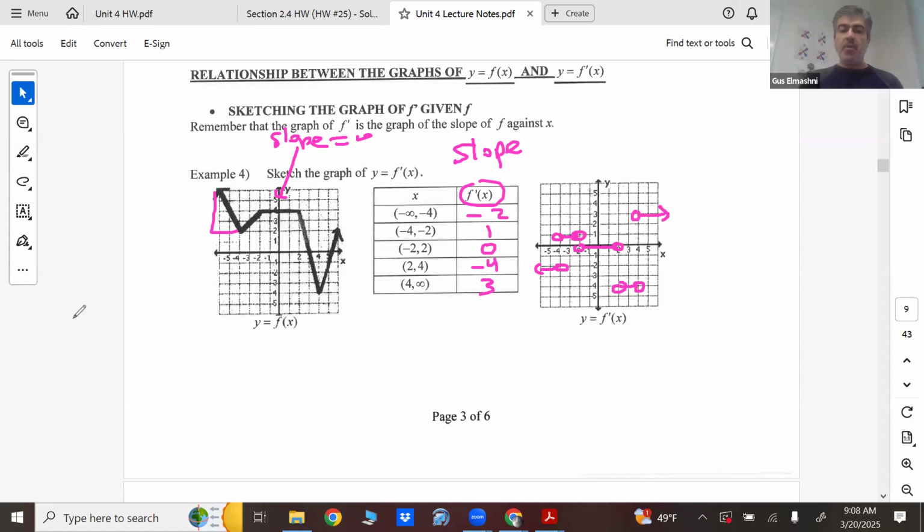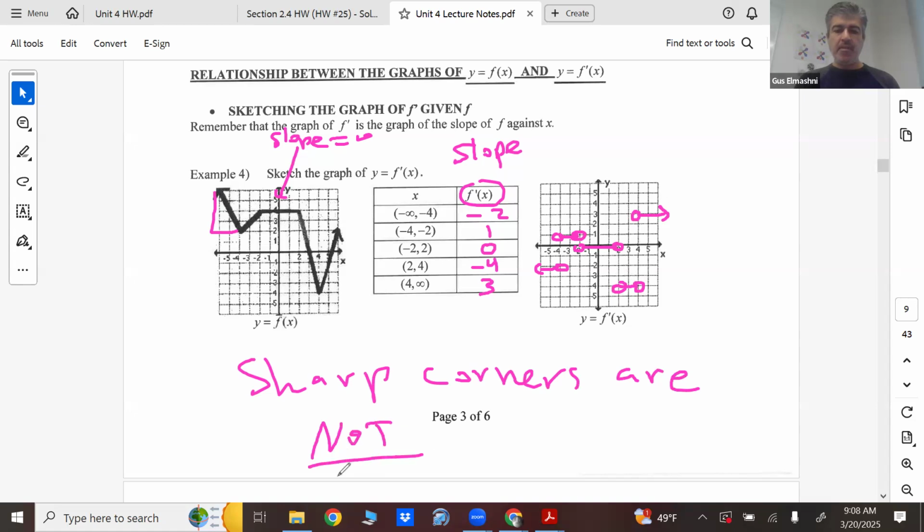One thing that I want to point attention to. We'll talk about this tomorrow, but just so you know right now, sharp corners are not differentiable.